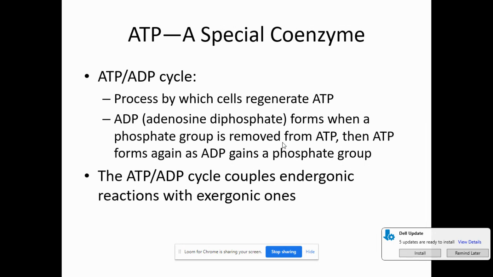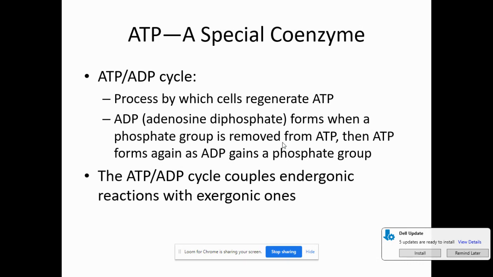All right, and we said the ATP to ADP. So the process by which cells generate ATP is this ATP-ADP cycle. All right, and adenosine diphosphate forms when a phosphate group is removed from ATP. Then ATP forms again as ADP gains a phosphate group.